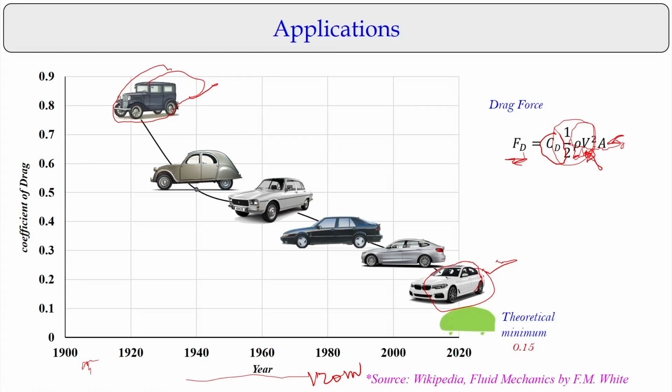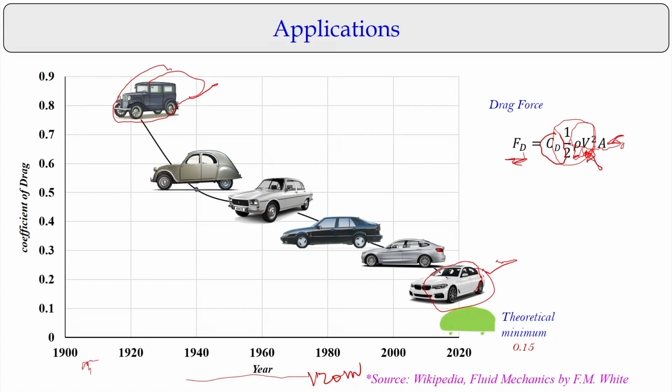So, for example, if a car needs 6 liters of fuel to travel a particular distance, now we need just 1 liter to travel the same distance, because the drag coefficient is almost 1/6. So, this is what has evolved.